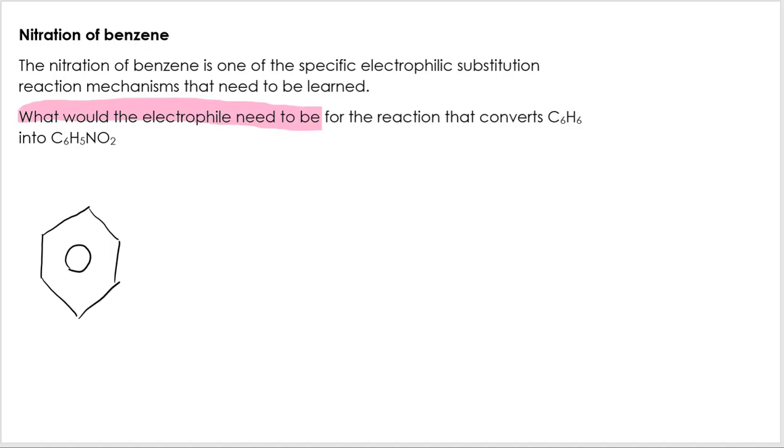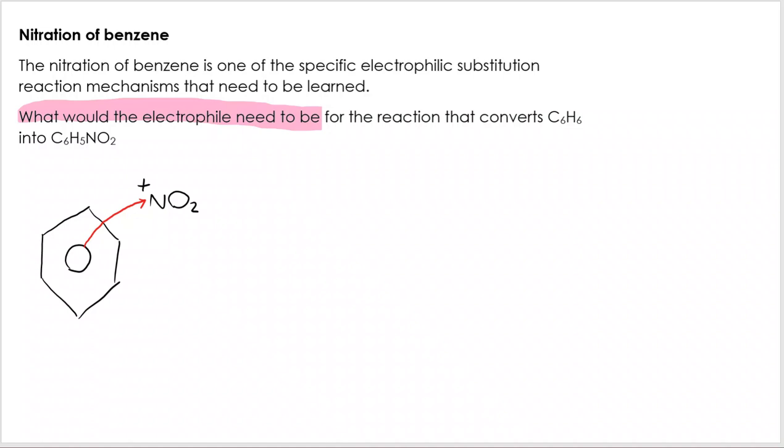So the benzene looks like this, and my electrophile is going to have to be NO2+, because I need that NO2 to go on there. The mechanism then follows exactly the same pattern as we have just seen.